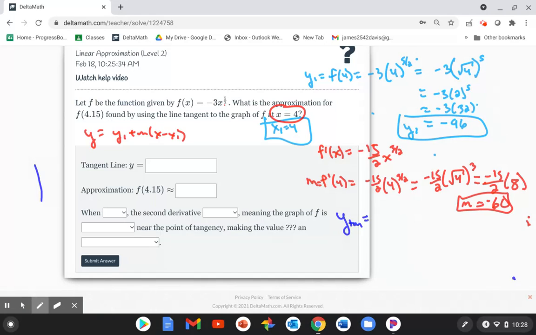Y tan is going to be, our y1 is negative 96 plus m of 4 times x minus negative 60, which becomes negative 96 plus 4x plus 240. And so that's going to become 4x plus, let's see, 134, I believe.